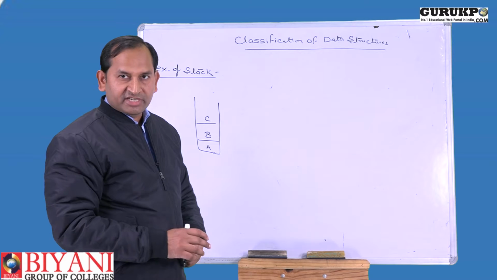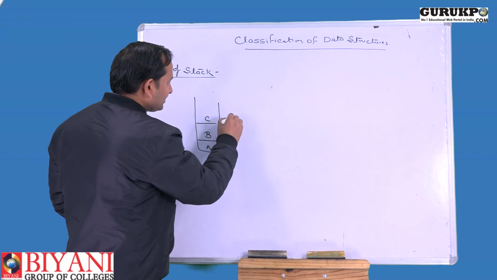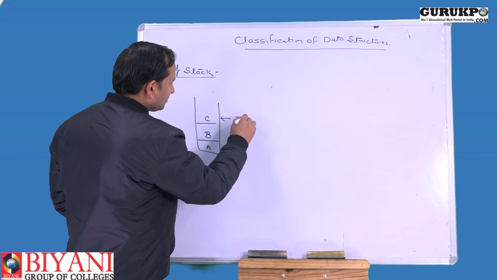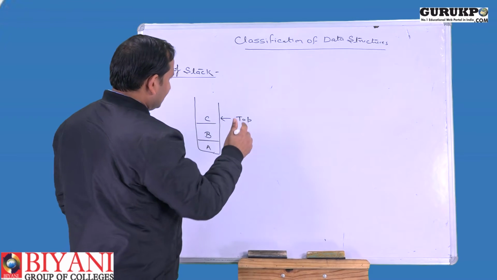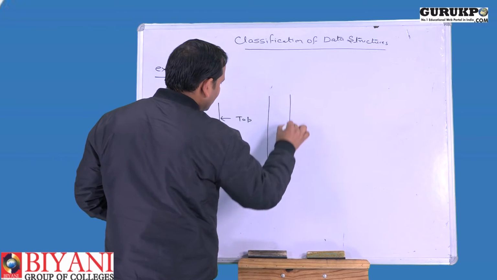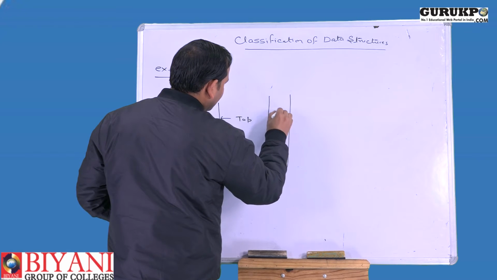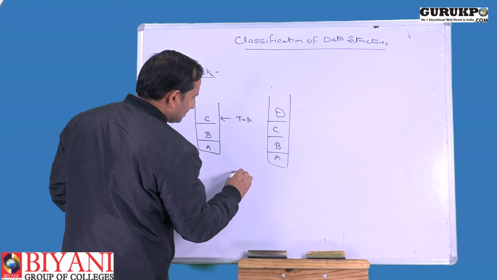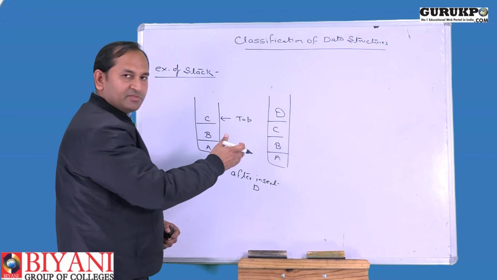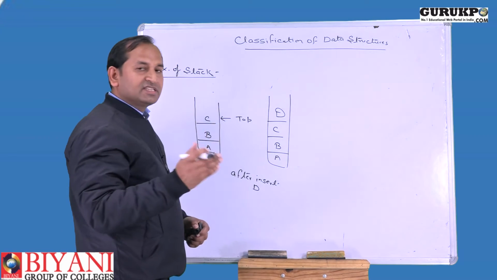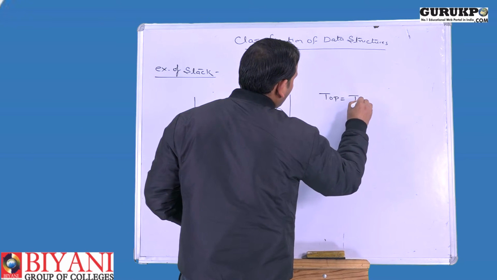Now, we are taking an example of stack. In this case, we have three elements A, B, C. So, top indicates C position. If we want to insert a new element, it will be inserted after the C. So, a new stack will be created and it will store A, B, C, and after insert, D. Each time when we insert, top is increased by 1: top equal to top plus 1.